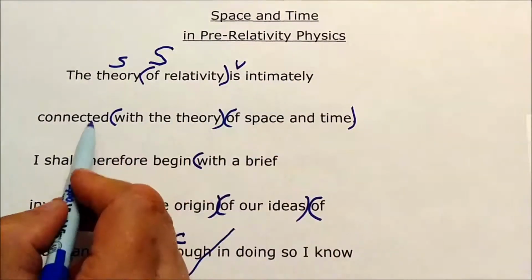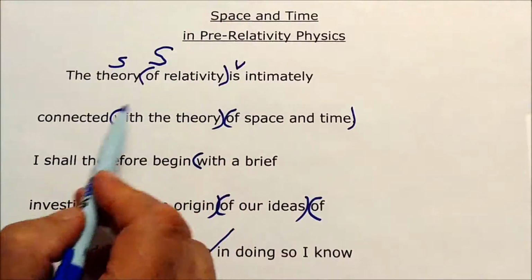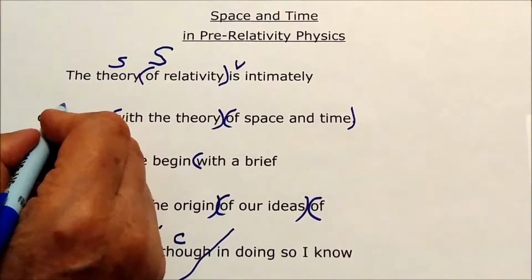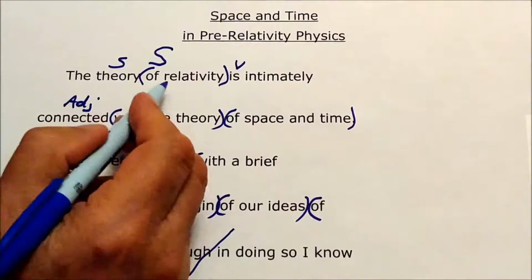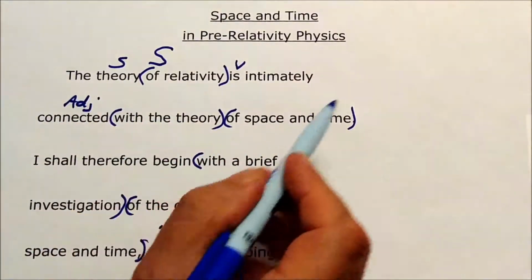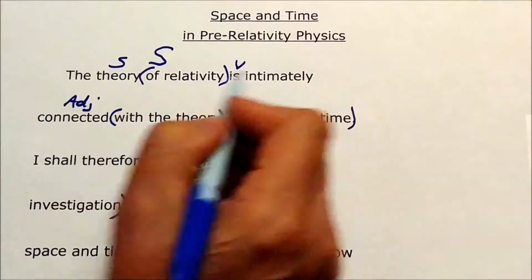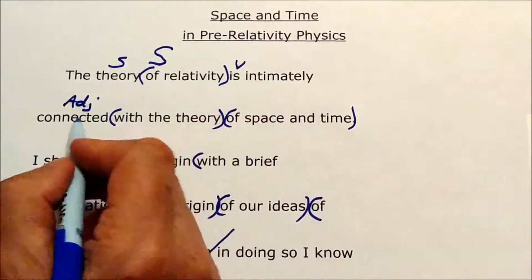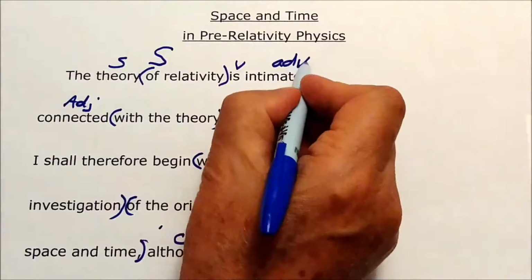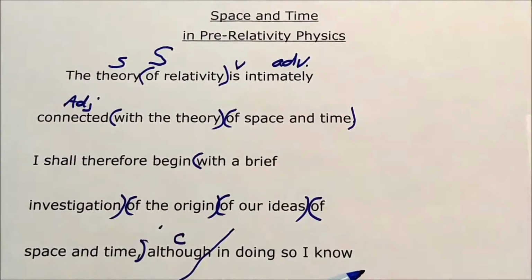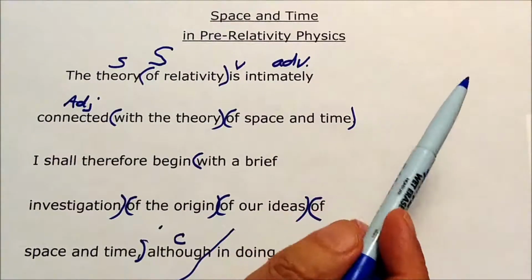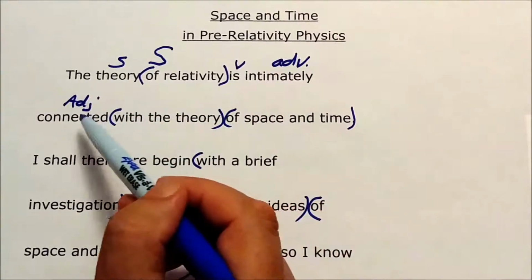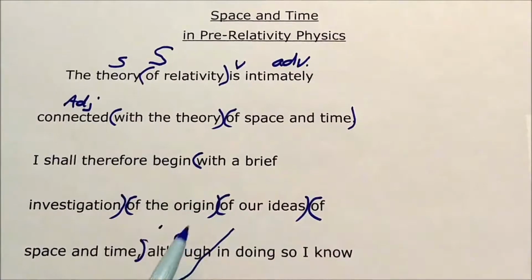Intimately connected, okay? So, connected is an adjective, getting back to theory, all right? And intimately is an adverb, which is describing the adjective. I know this is a funny thing to say, and we haven't talked very much about it, but in Module 7, we'll get more into how adverbs can modify or describe adjectives.